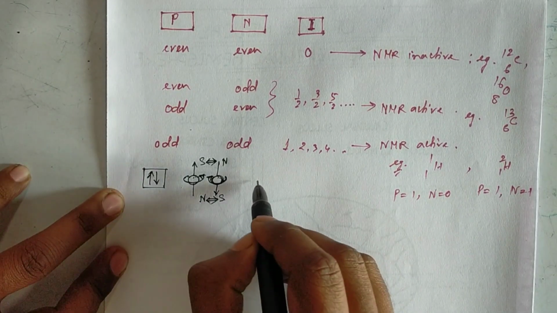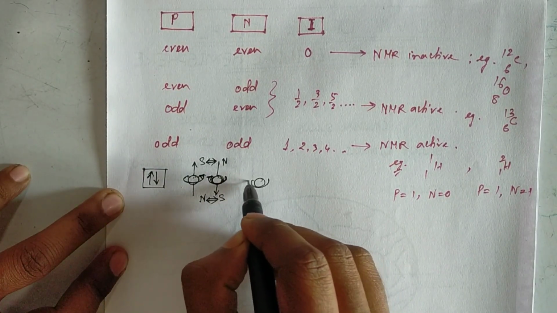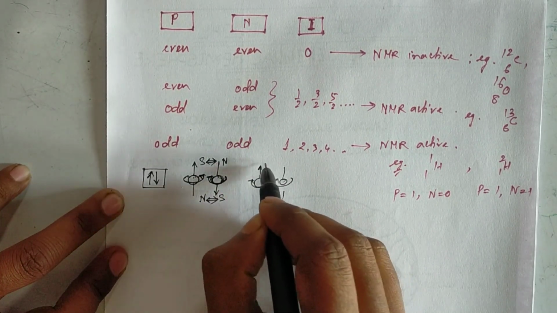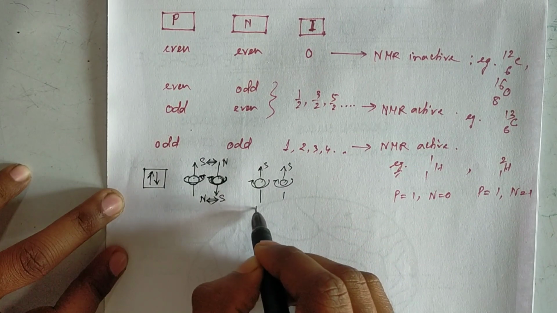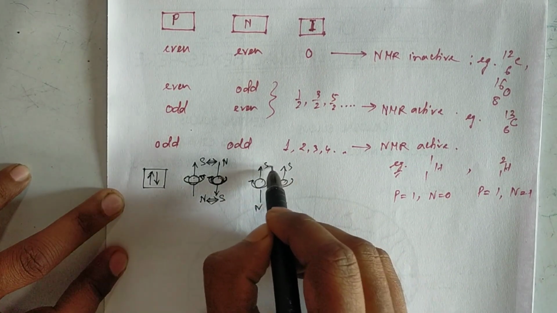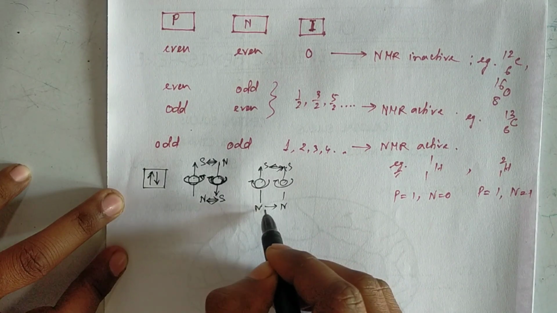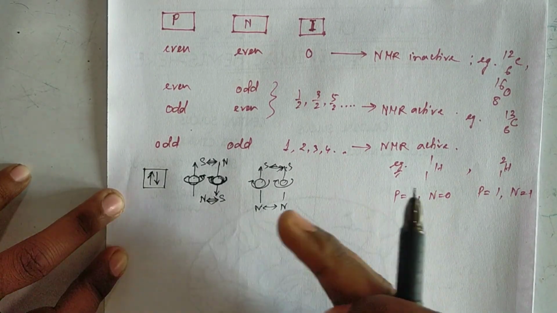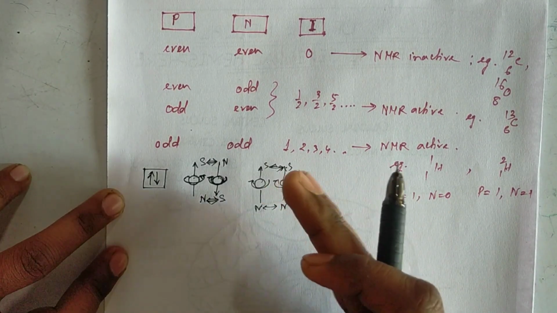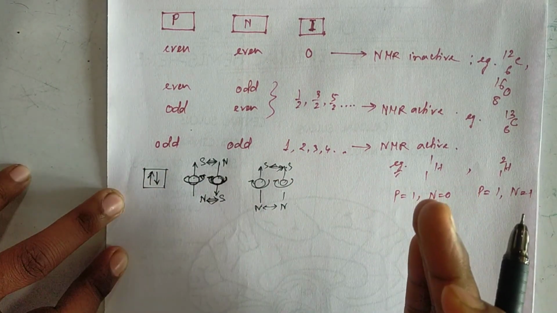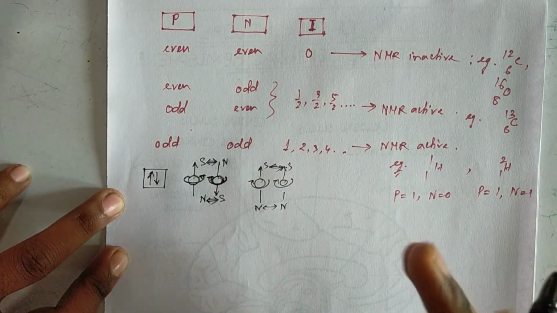But if both electrons are spinning in the same direction, then here it will be south, here it will be south, north, then this south will repel this south and this north will repel this north, so they can't stay together. Okay, so in case of nucleus also this is similar.